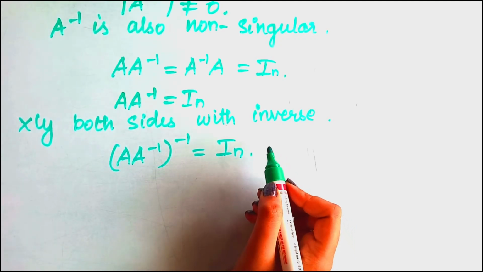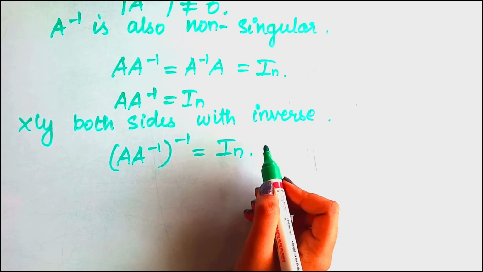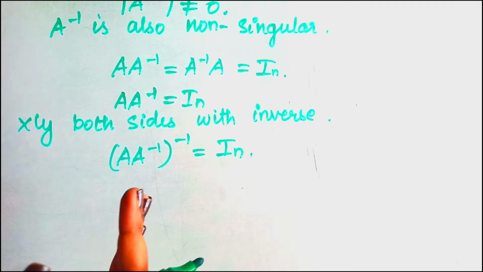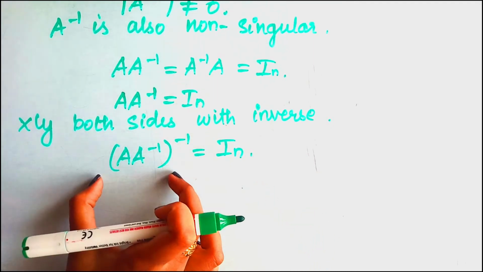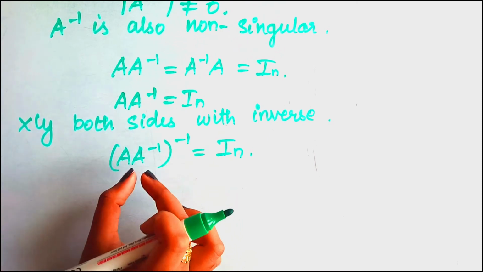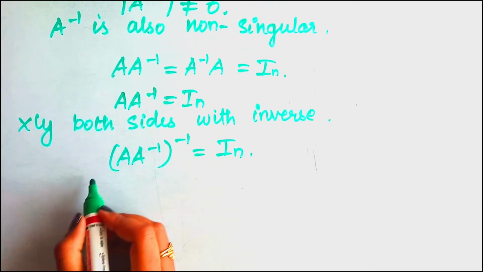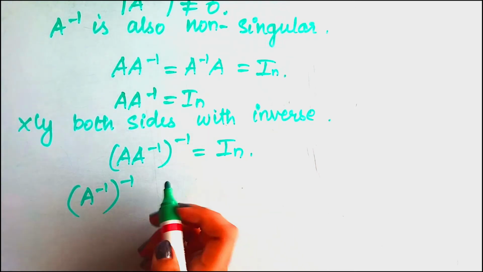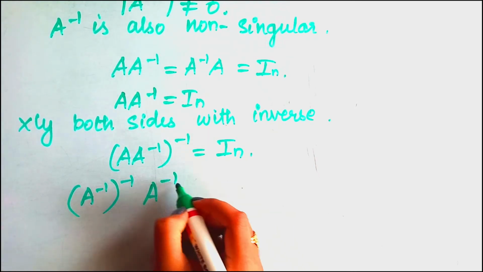So by the reversal law of inverse, which I have already explained in our previous theorem, what's the reversal law? First you have to write the second term, which is A inverse, the whole inverse, and then the first term, which is A, the whole inverse.